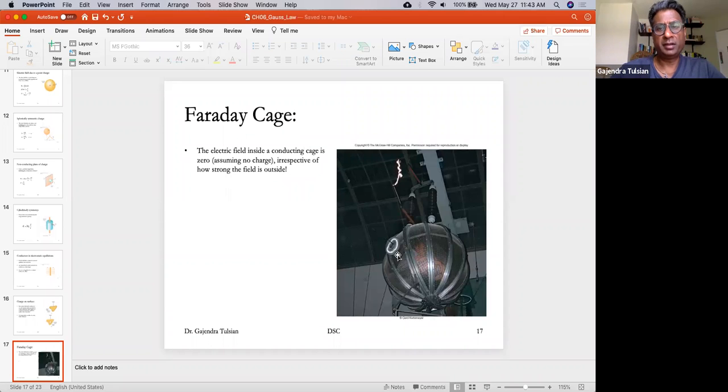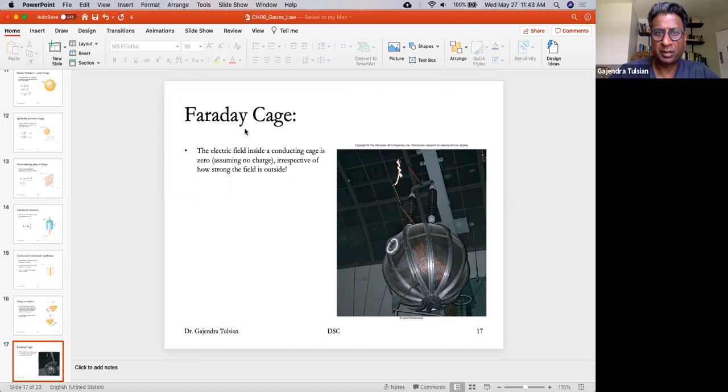Here is an interesting concept. You might have heard of a Faraday's cage, and I hope you can see there's a person in this cage. This is done in a lab, and here you have a lightning strike, lightning created in lab, striking the cage, but the person is unaffected.